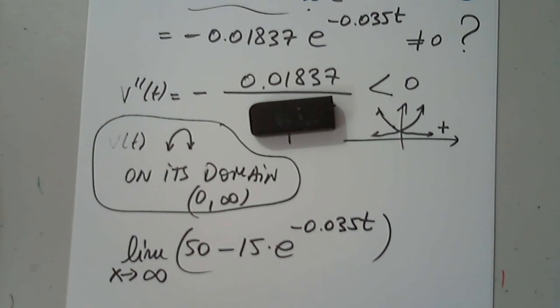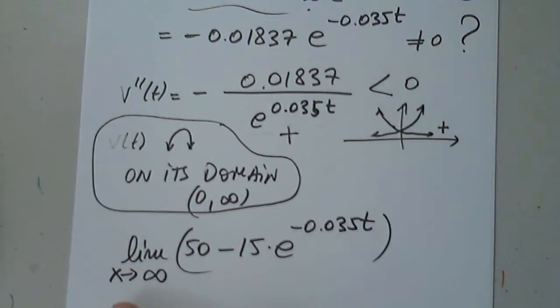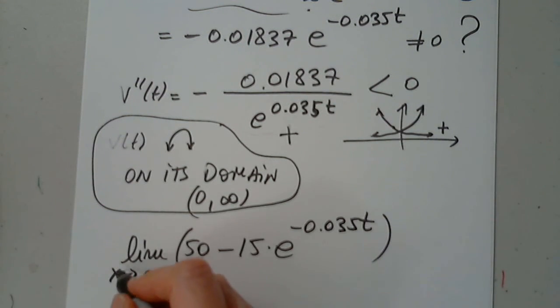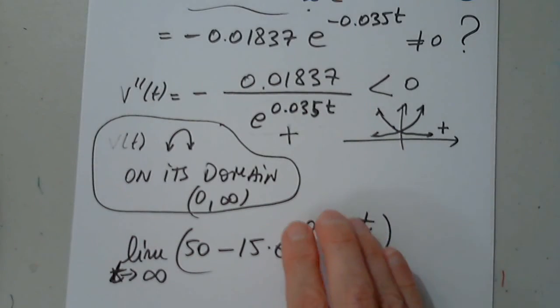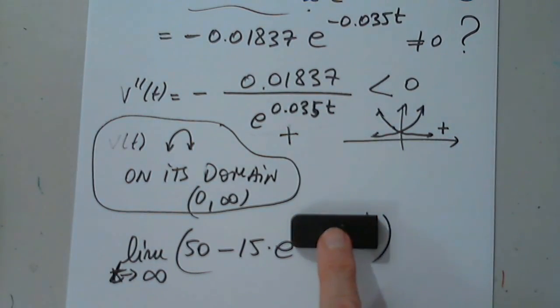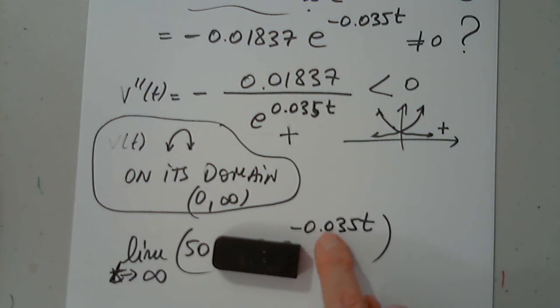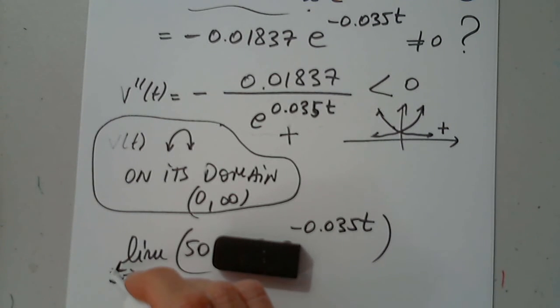as t approaches infinity. And we've done this before. So if t approaches infinity, where is this going? Just this piece. Where is this going when t approaches infinity? Negative, yes, but negative infinity.